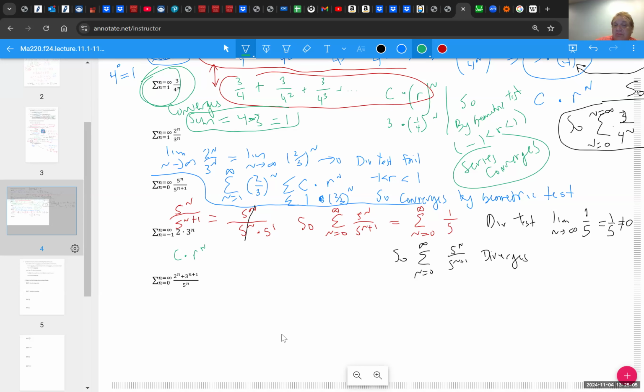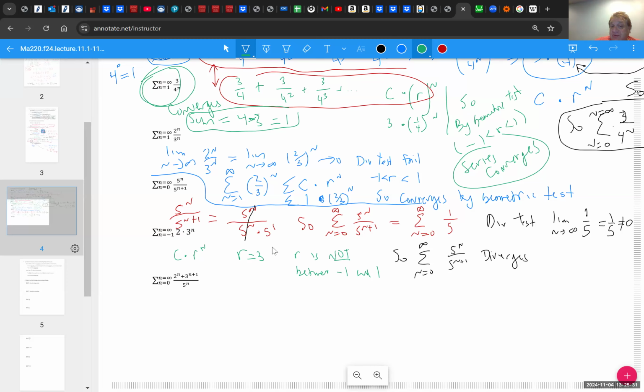So this is c times r to the n, where c is equal to 2 and r is equal to 3. Notice that r is not between -1 and 1. It's specifically bigger than 1.